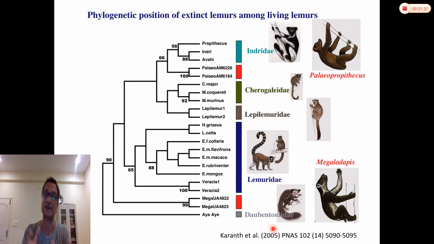So Madagascar does not have woodpeckers. So there's this weird looking creature called the aye-aye, which has got this amazing adaptation to pull out grubs from within stump, within branches, and so on. And then if you bring in the extinct Malagasy lemurs, you have Megaladapis, which is more like a koala that's found in Australia.